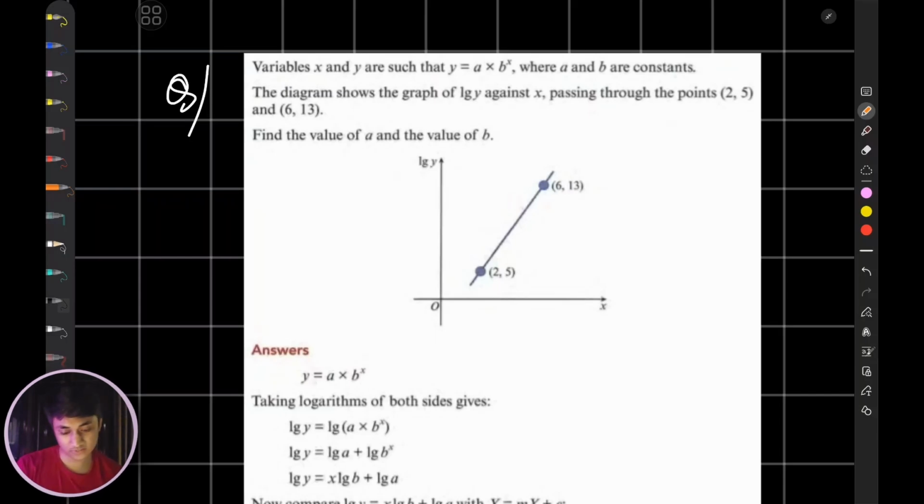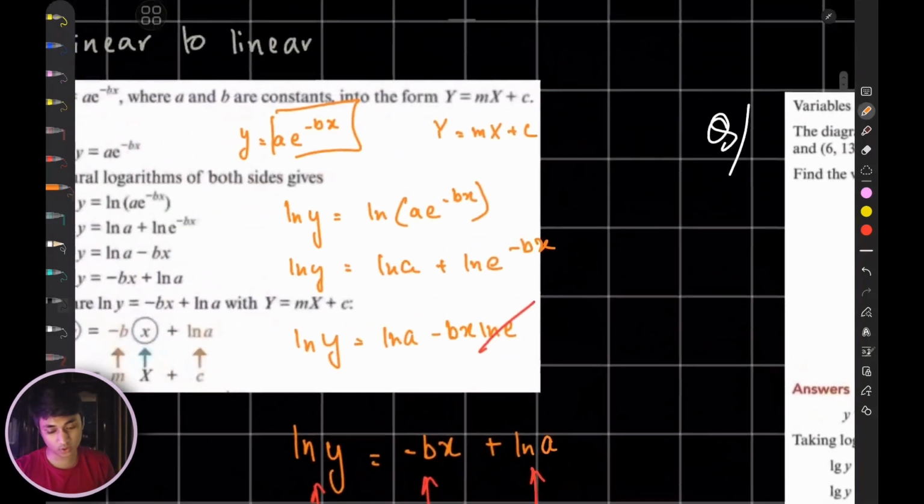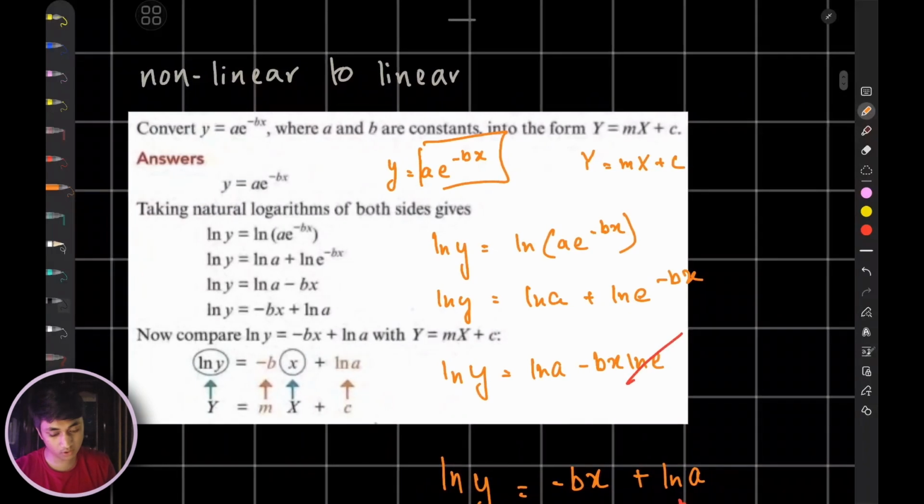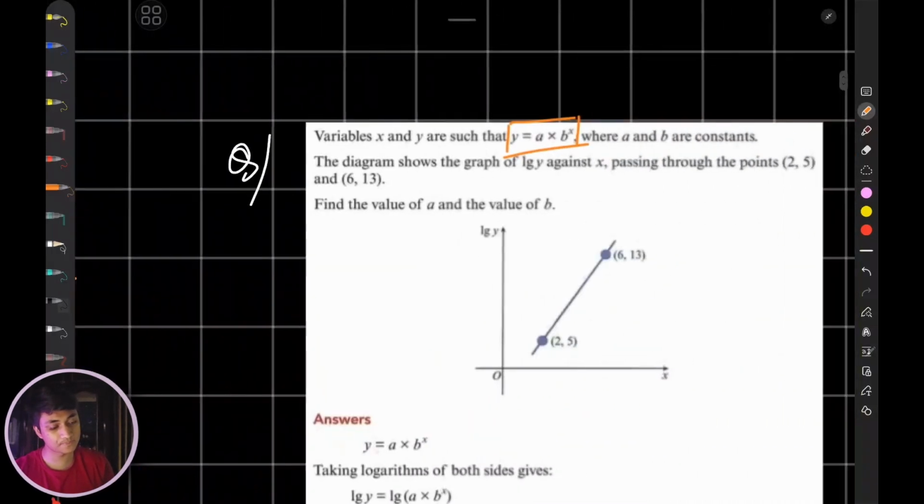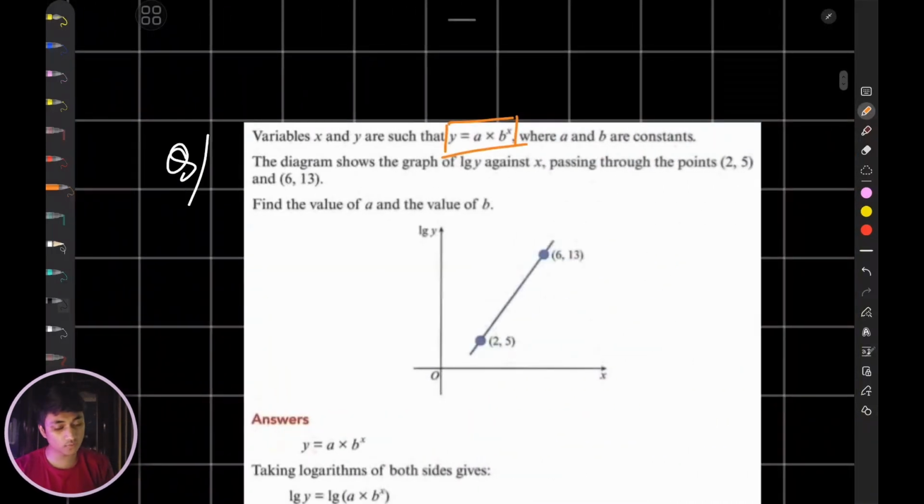In this case, the question says variables x and y are such that y equals a times b to the power x. Notice one thing: previously, we worked with e to the power of minus bx. How is it different? Over here, you're not using e, which means you're not going to introduce an ln term. You're still going to use logarithms, but you're going to use log base 10 over here.